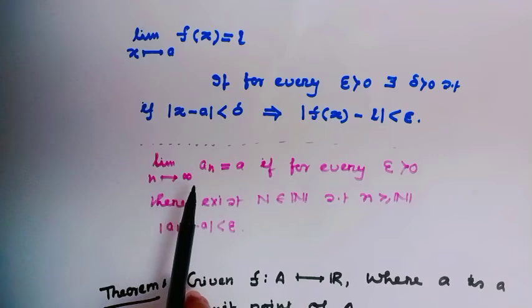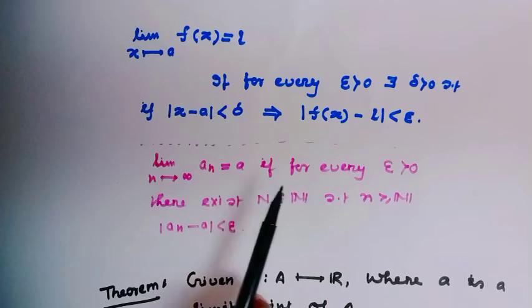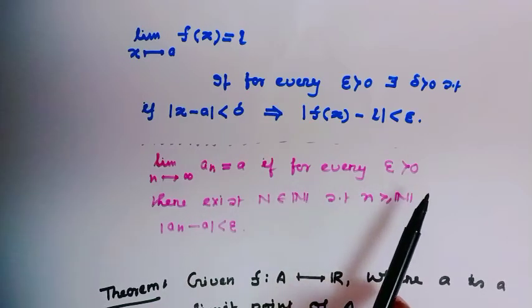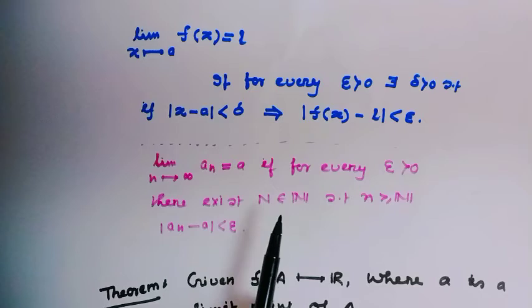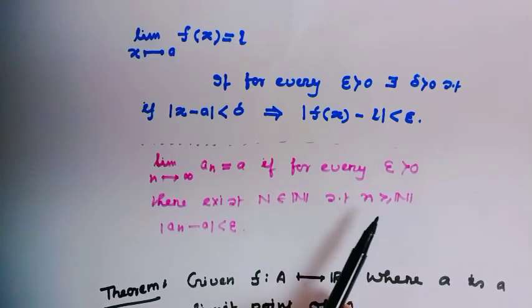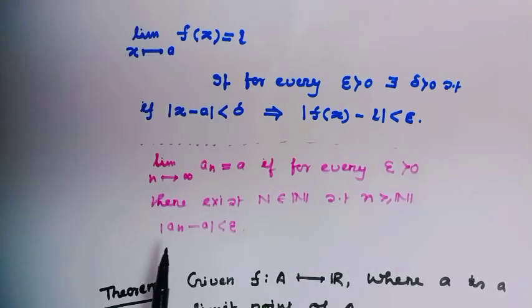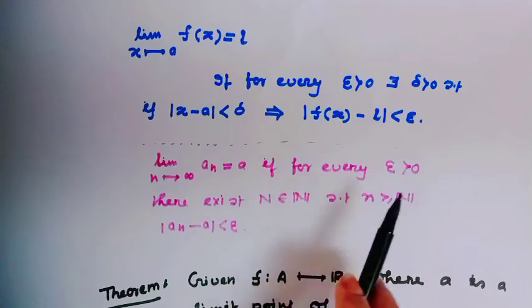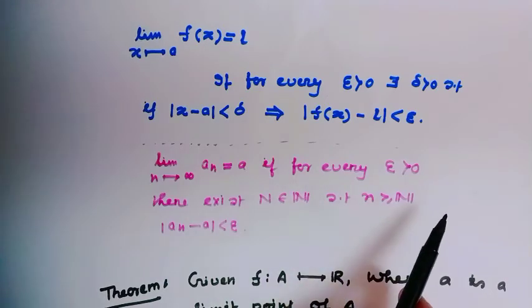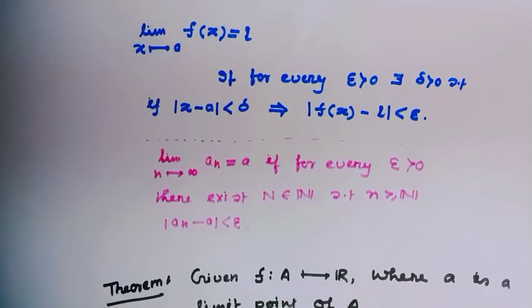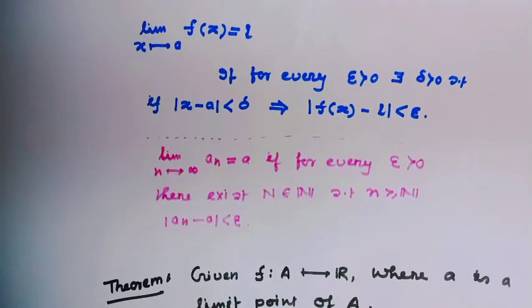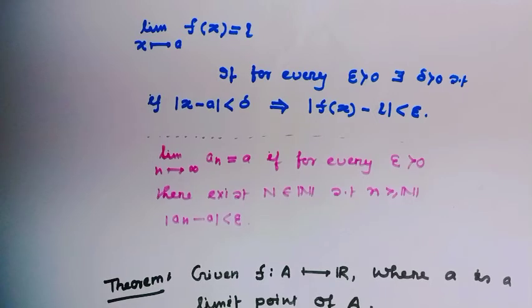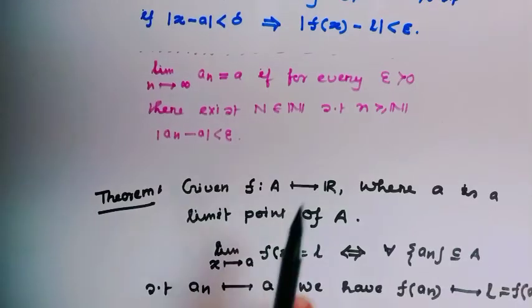The limit as n tends to infinity of a_n equals a if for every epsilon greater than 0 there exists a capital N such that for n greater than or equal to N, the absolute value of a_n minus a is less than epsilon. And what is the combination of the two definitions? Here this capital N depends on delta. Okay?